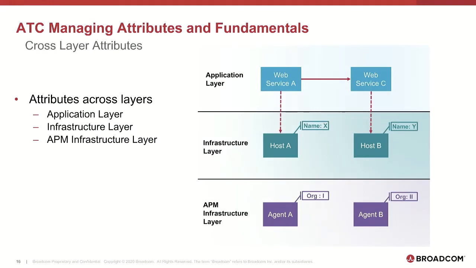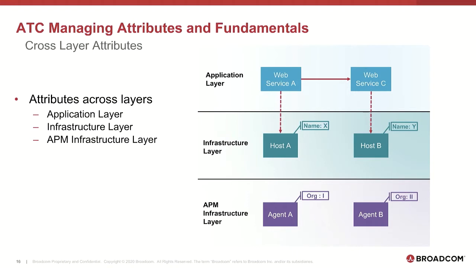Let's say we have on the application layer a web service A invoking a web service C. The web service A is running on host A, and the web service C is running on host B. In addition, of course, we have the APM infrastructure layer simply telling us agent A is hosting the information for web service A and maybe host A, and agent B for web service C and host B.